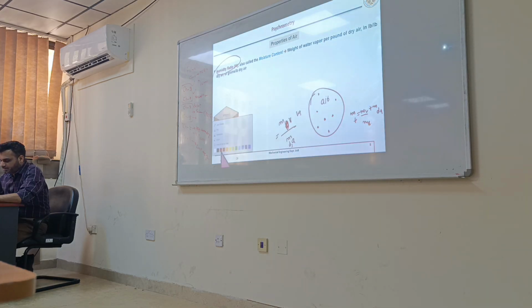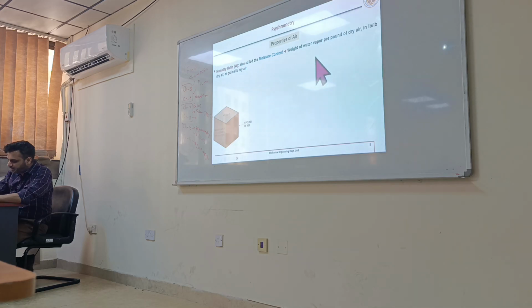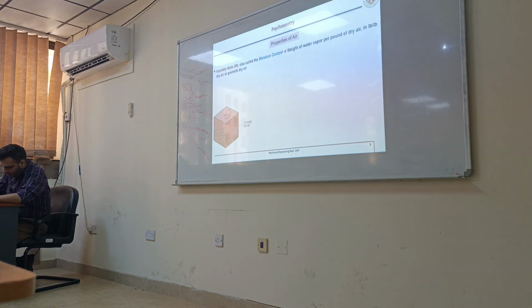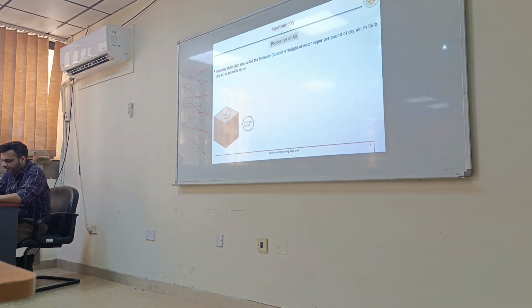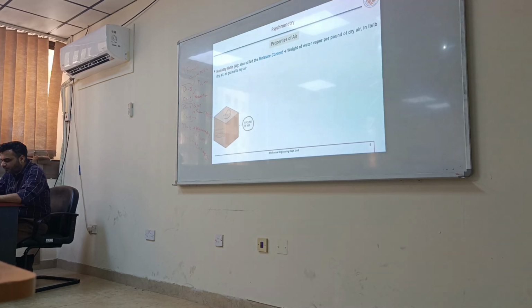For example, here you see air at 70 degree Fahrenheit. If there is 0.015 pound of water vapor in 1 pound of air, how will we define humidity ratio?